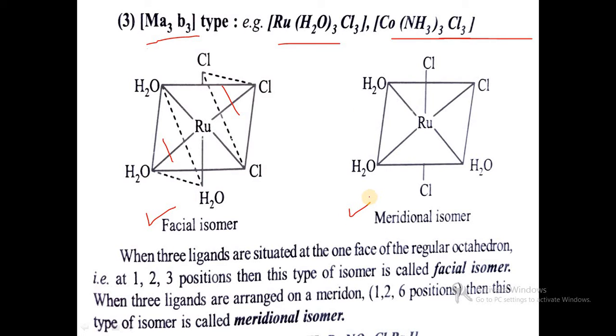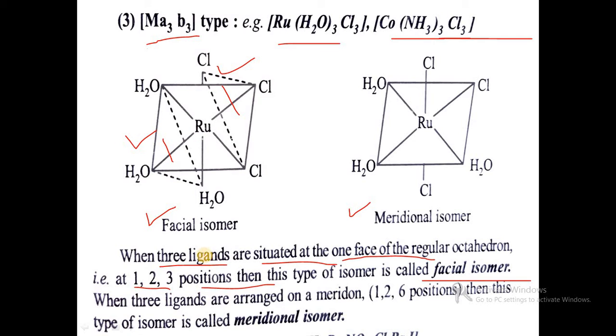Then what is facial and meridional isomerism? When 3 ligands are situated on one face of the regular octahedron, that is positions 1, 2, 3, then this type of isomer is called facial isomerism. When they are kept like this, on one side face of the octahedron, they are called facial isomers.